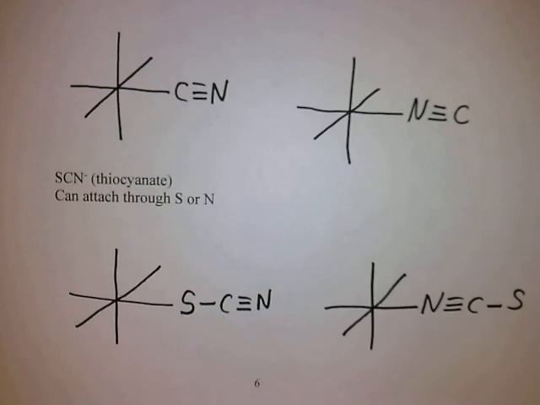What are complex ions? What's a ligand? What's the difference between a monodentate, tridentate, tetradentate? What are ambidentate ligands? 2 modes of attachment. So in the next video, then, we'll go in and talk about nomenclature of coordination compounds.